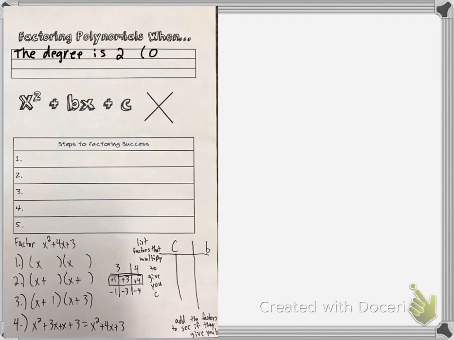This is what we call a quadratic. We're also factoring it when the number of terms is 3. It's got 3 terms in it. We call that a trinomial.